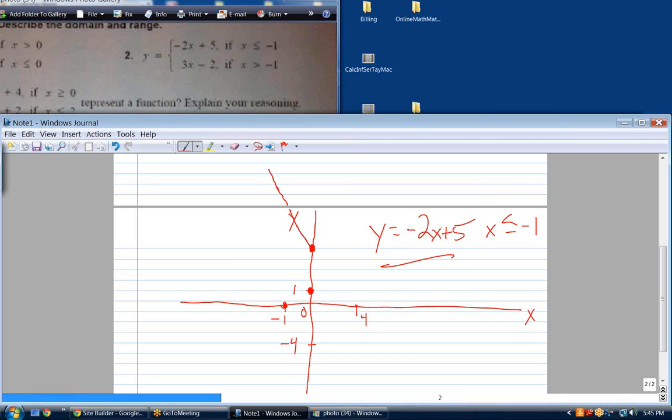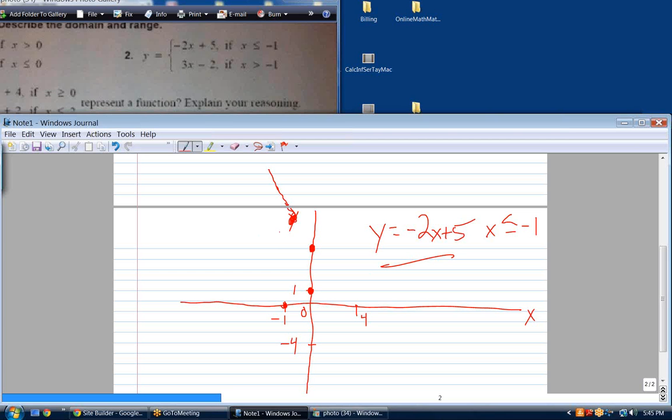However, it's only equal to that equation when x is less than or equal to -1. So I actually have to go back up to here, and erase that part of it, because it's not equal to that when x is greater than -1.